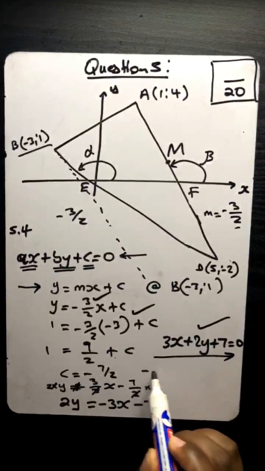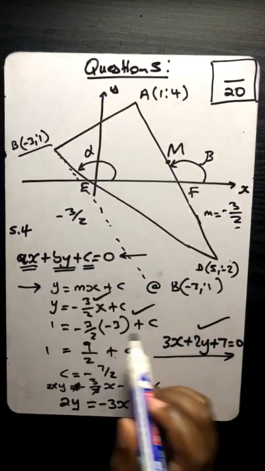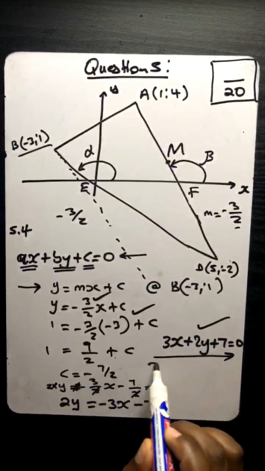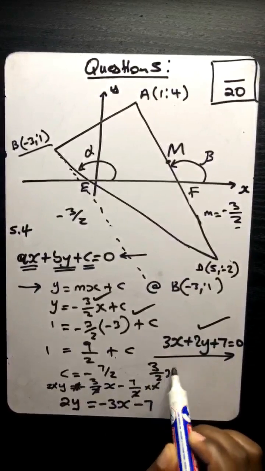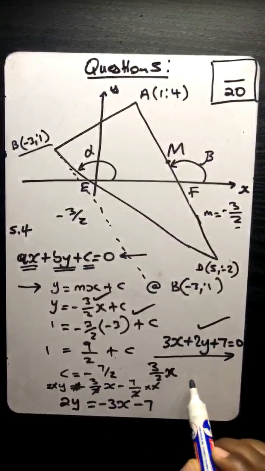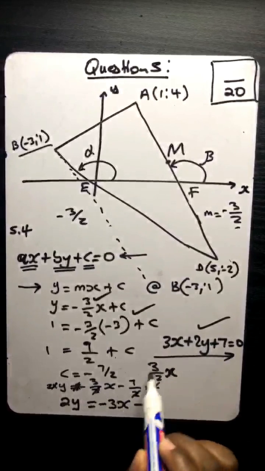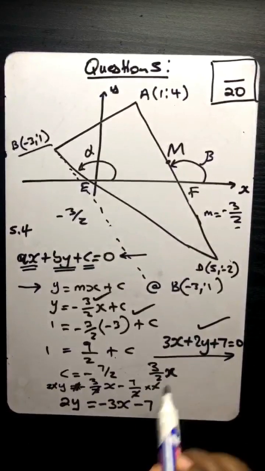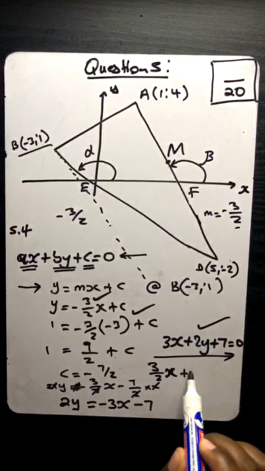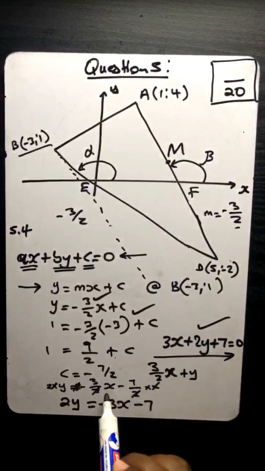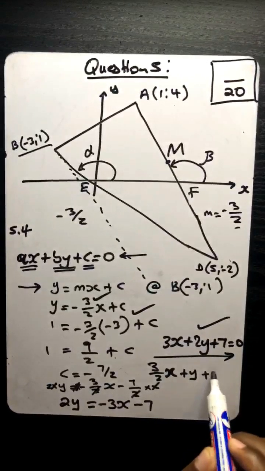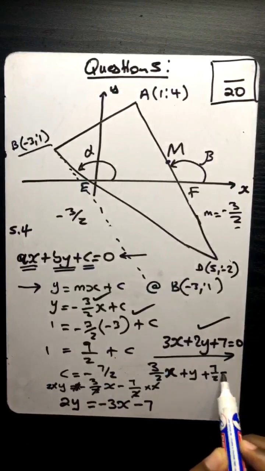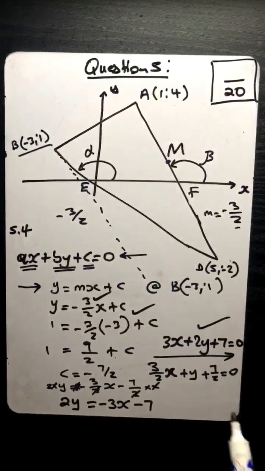You wrote positive 3 over that. She wrote that as a fraction, and then she wrote y, and then she wrote a positive 7 over 2, and said equals to 0, and she left it there.